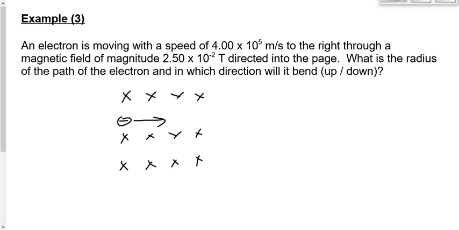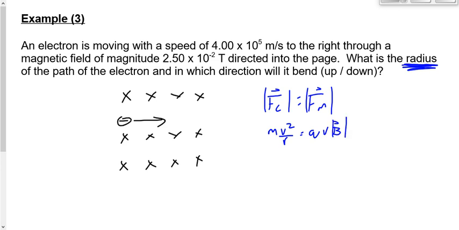Since we're looking for radius, odds are we're going to do this. Fc equals Fm. Remember that if it doesn't work for us, we're allowed to use either of the equations by themselves, but when you're looking for radius, usually you combine them. Fc equals Fm. We're going to say mv squared over r equals qvb.